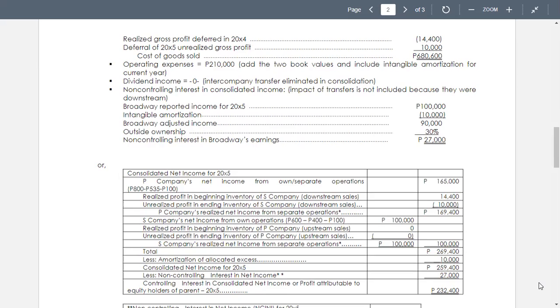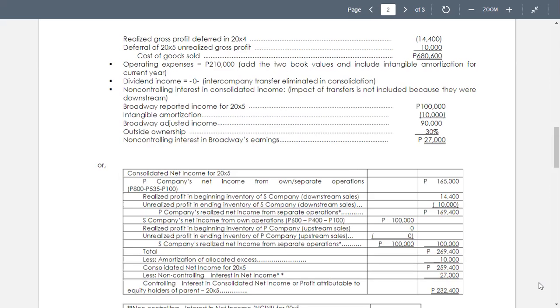Gross profit of 200,000 minus operating expenses of 100,000. Net income of BW is 100,000. BW is S, the subsidiary.